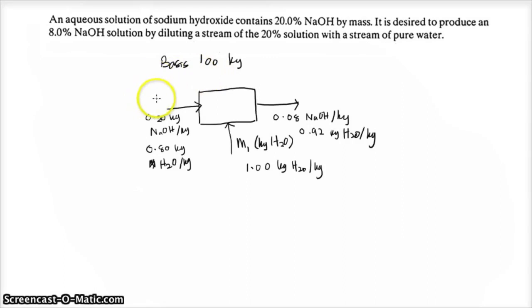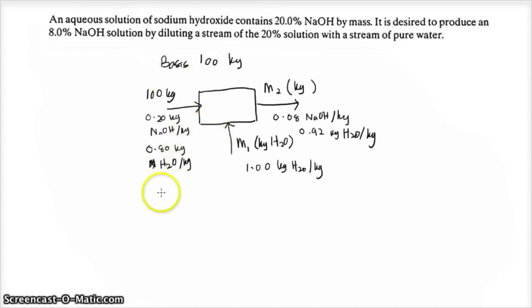So what comes in is 100 kg of 20% sodium hydroxide, and to balance the equation we can put M2, which is also in kg. So yeah, that's how you write a basic flowchart.